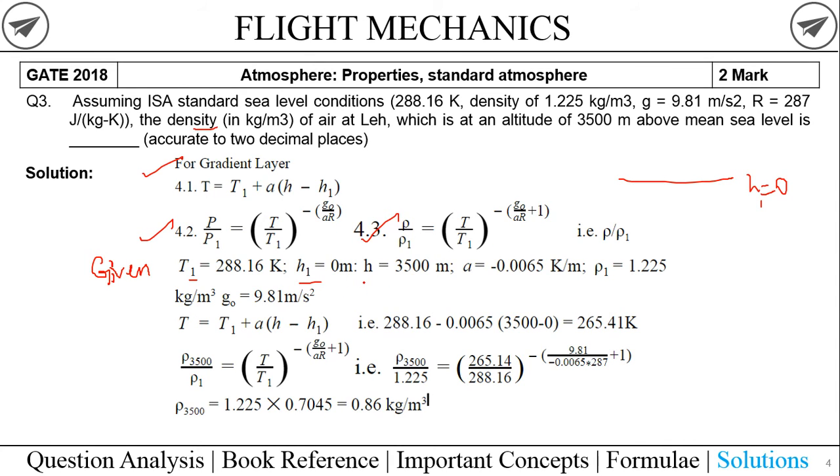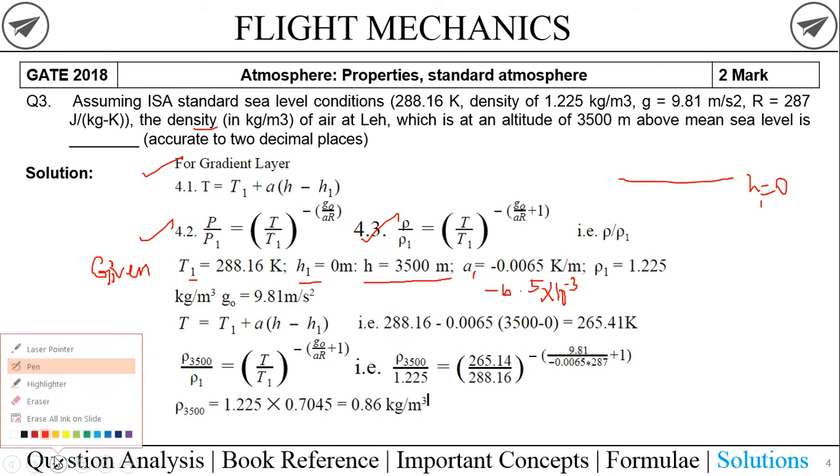The height at which we are interested to find the density is 3500 meters, and as it lies in the gradient region within the troposphere, the first gradient region, the A1 is minus 0.0065 Kelvin per meter, or 6.5 into 10 to the power minus 3 Kelvin per meter. And the density at sea level condition is 1.225 kilogram per meter cube. And g naught is also constant, 9.81 meter per second square.